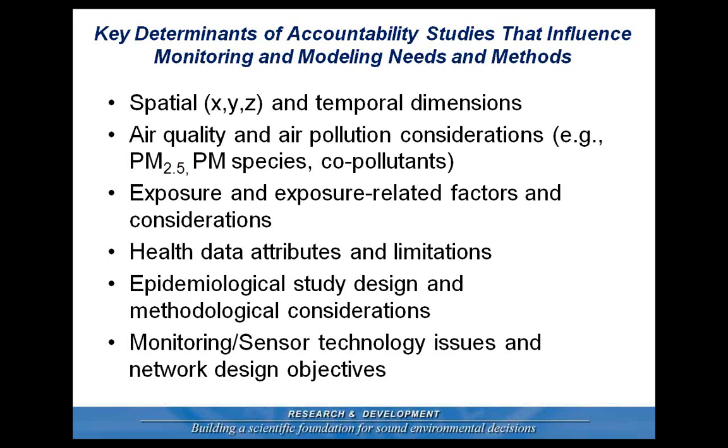Epidemiological study design issues and methodological considerations are going to be discussed further, but I just wanted to mention, from the work we've looked at on exposure indicator applications to various types of air pollution analysis, that case crossover versus time series versus logit, etc., does matter, not just in terms of statistical methodology and how it fares in the concentration response relationship analysis, but also if you're looking at population exposures.